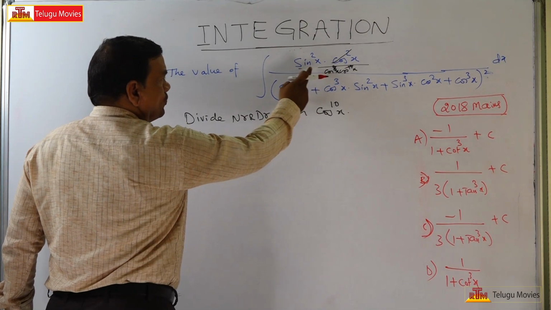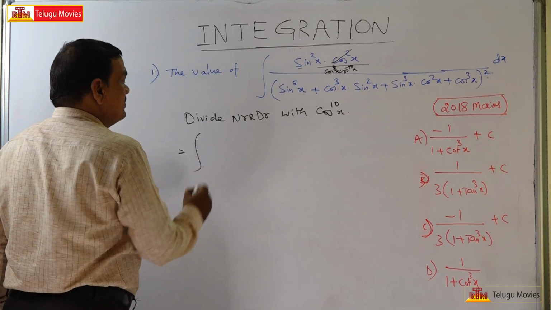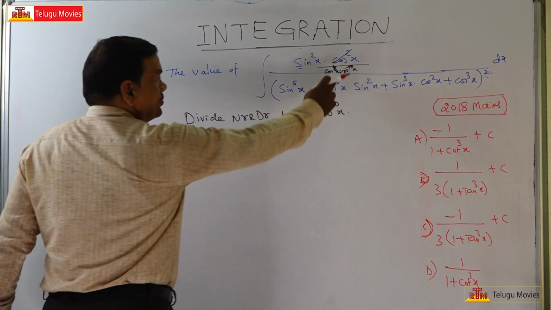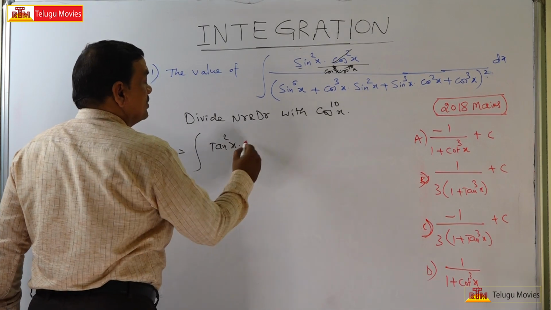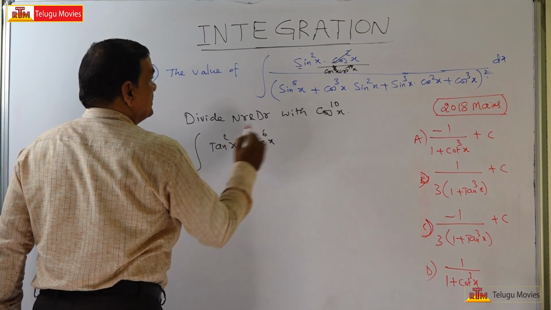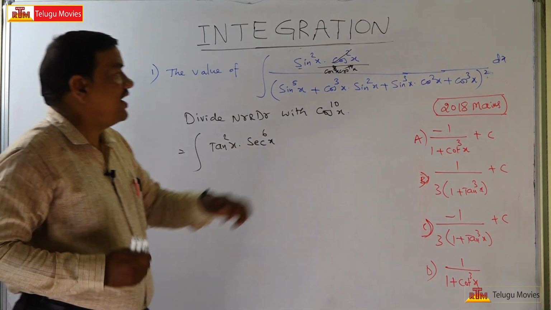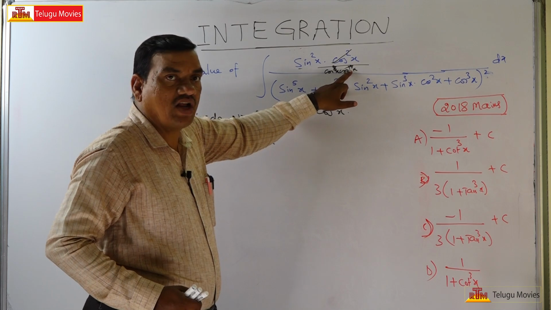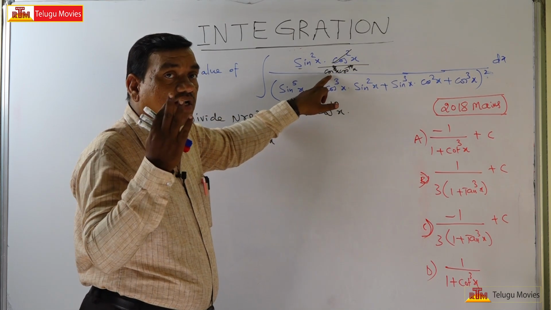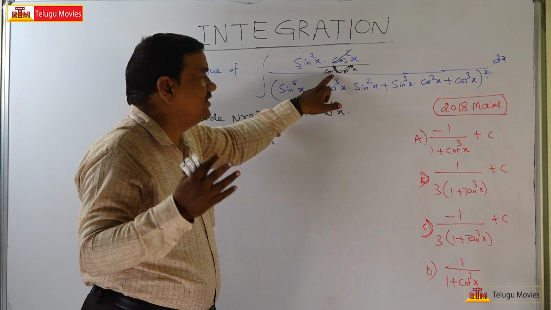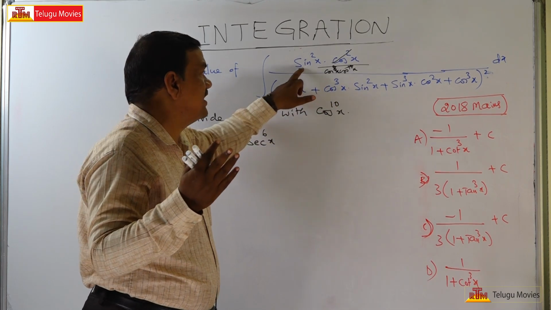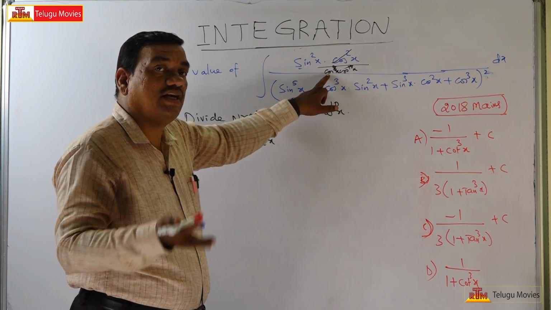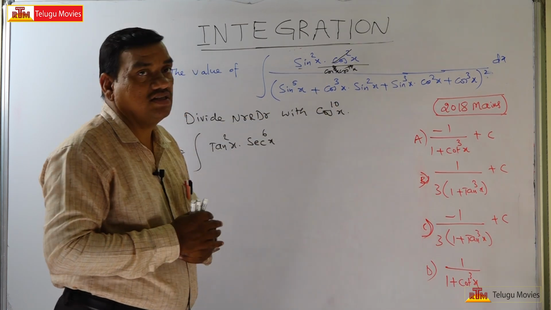Take 2 cos's to this side, and this will become tan square x into 6 cos's, that is secant power 6x, dx. Once again, I am dividing the numerator by cos to the power of 10x. 2 cos's get cancelled, 8 cos's will be there, cos power 8x. Take 2 cos's to this side, sin square x by cos square x, this is tan square x. Cos to the power of 6x, take it into the numerator, secant power 6x.